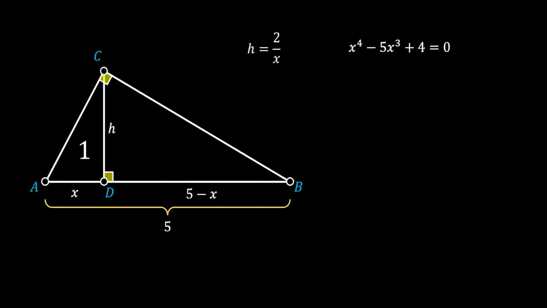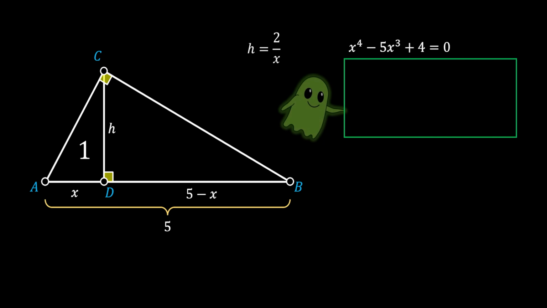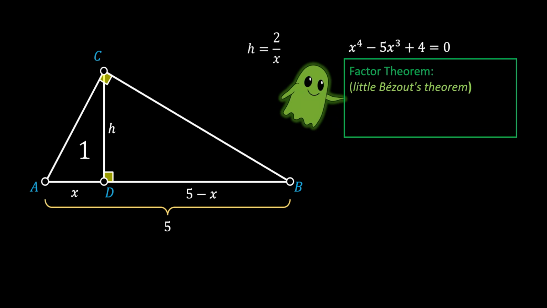Now, there are multiple ways to solve this equation, but here I'm going to use something that is called the factor theorem, or maybe you have heard the term the little Bezout theorem. So, the factor theorem establishes that x minus c is a factor of the polynomial of x if and only if the polynomial of c equals 0.